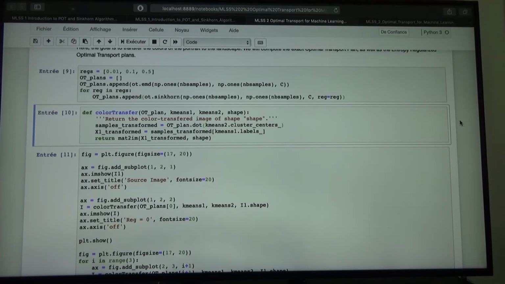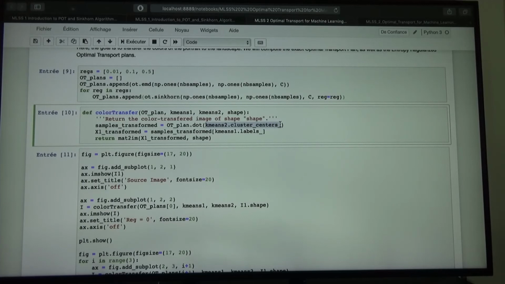So when you want to take the barycenter of the points you're getting mapped to, you have to compute the mean of those points. But those points are the centroids of the second image, right? Here it's kmeans2.cluster_centers_.